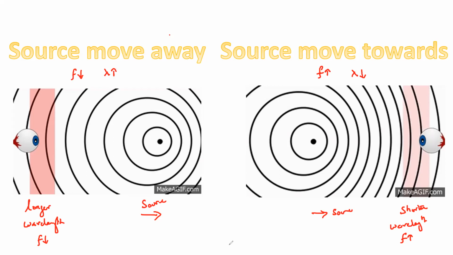But what if the source and observer are both stationary, not moving? For example, we have a source here which is stationary, and two observers, observer 1 (O1) and observer 2 (O2).